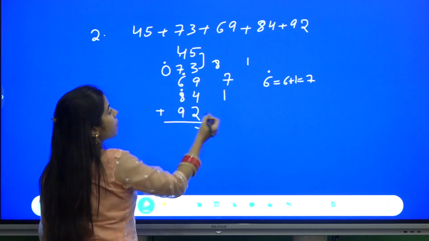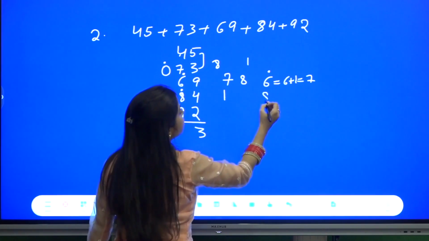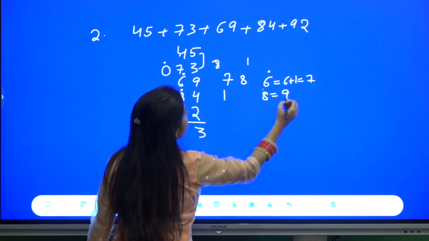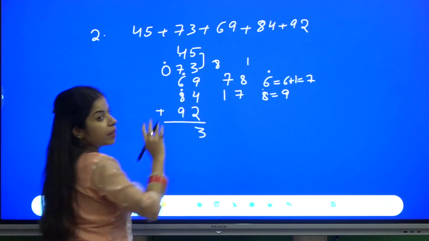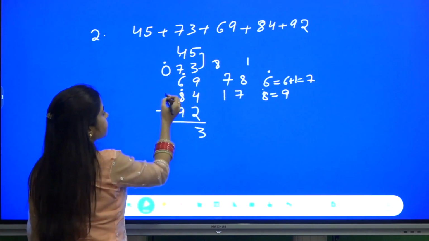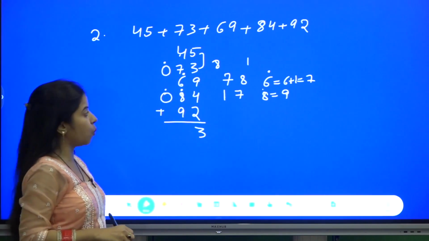So, 1 plus 7 here is 8. Next, 8 plus 8 dot, which is 9. So, we are getting 17. 7 will be kept here and 1 will be placed as a dot above 0.